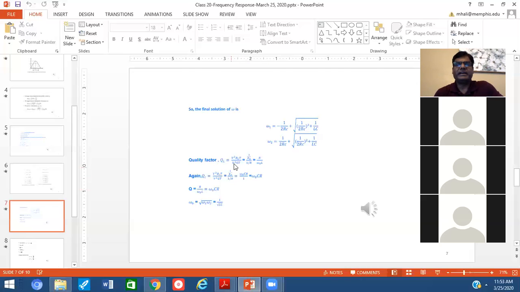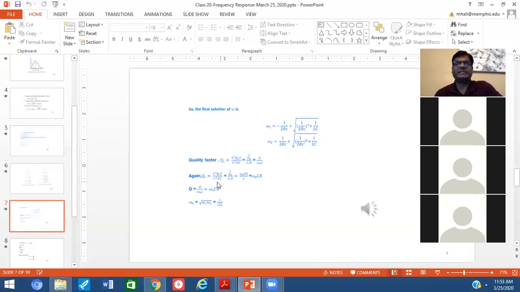Similarly, the next expression, QC, means the quality factor with regard to the capacitor. In the same way, V square BC, capacitive susceptance multiplied by time, makes the reactive energy, over V square GT.